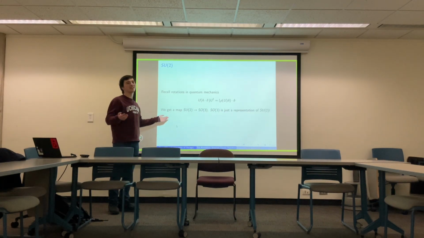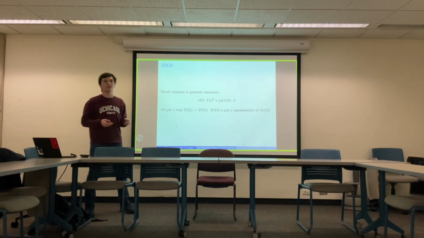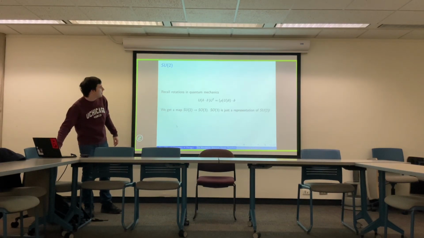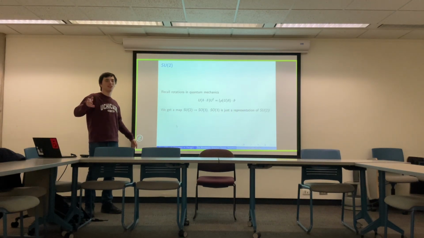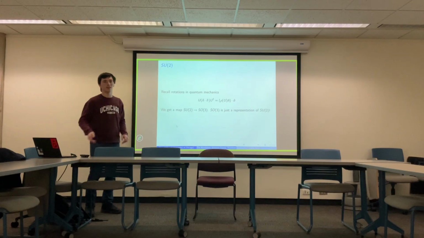If you take quantum mechanics, you've seen the rotation operator, and that fundamentally lives in the special unitary group. You can also think about unitaries acting on qubits, and we usually don't care about the phase factor, so we generally describe single-qubit unitaries as living in SU2.